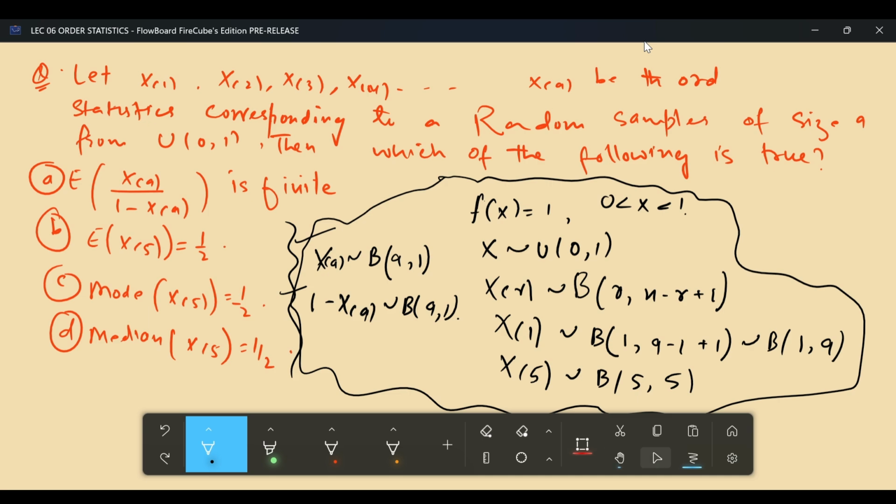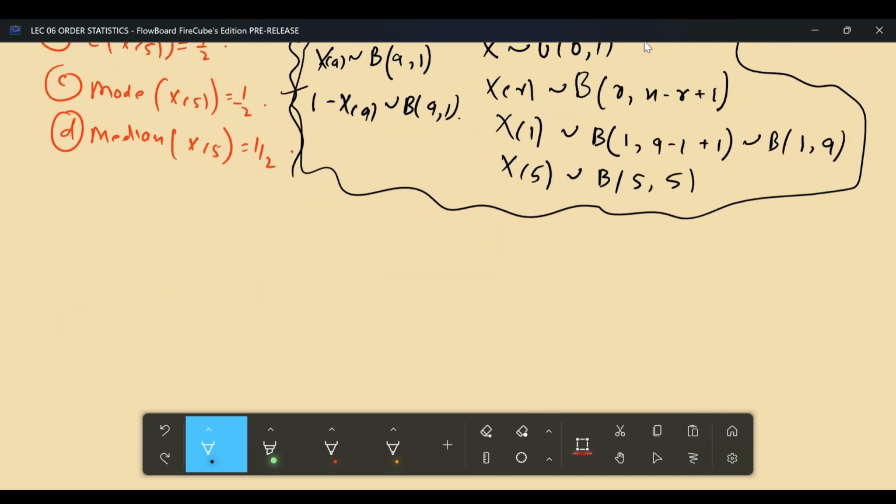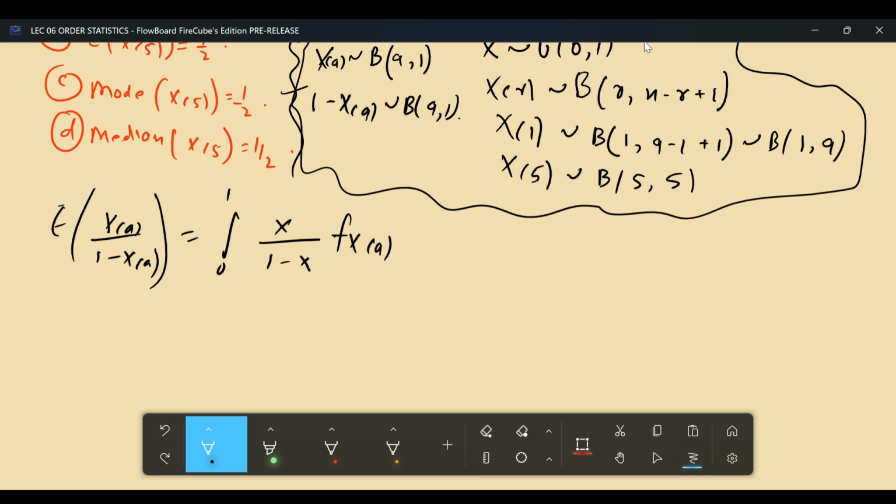Now let's find the expectation of X9(1 minus X9). So this will be the integral from 0 to 1 of x(1 minus x) times f of x9 dx, which is equal to the integral of x(1 minus x) times 1 upon beta(9, 1) x^8 (1 minus x)^0 dx.